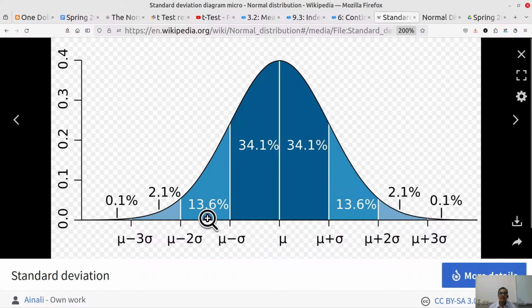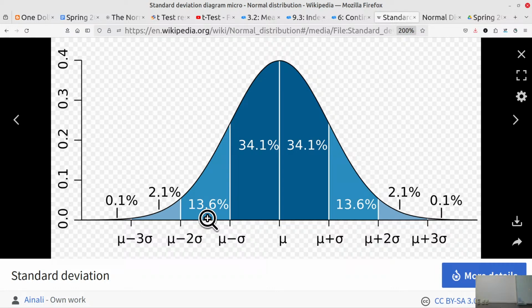13.6% is here, and it means if your sample, your population, or your measurement is fitting the normal distribution, and the mean is on the center, plus 1 standard deviation, minus 1 standard deviation, here is close to 68% of the whole population.